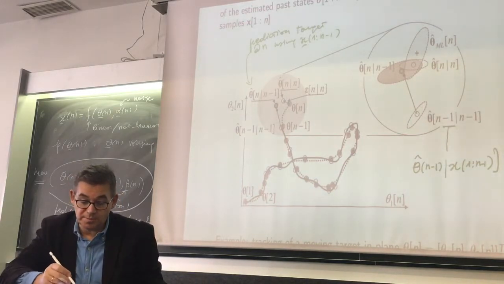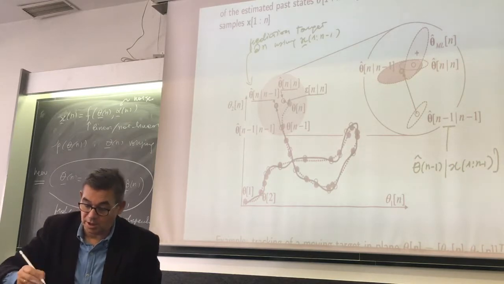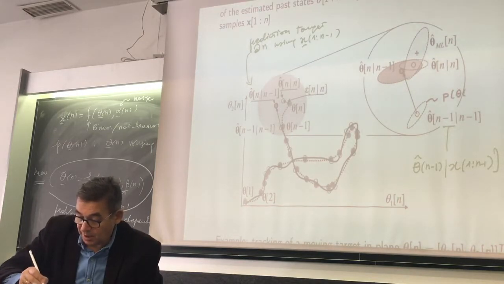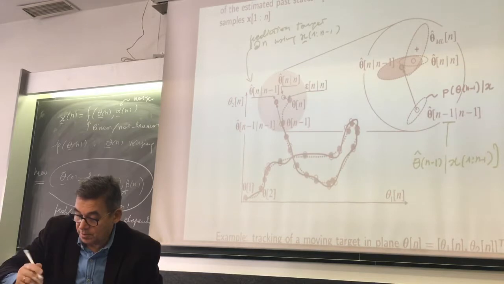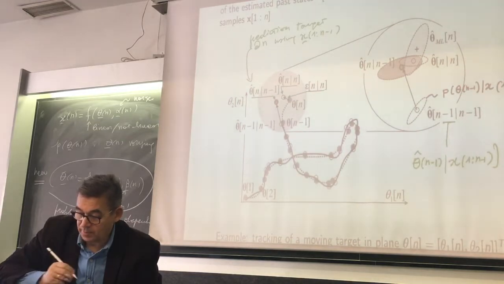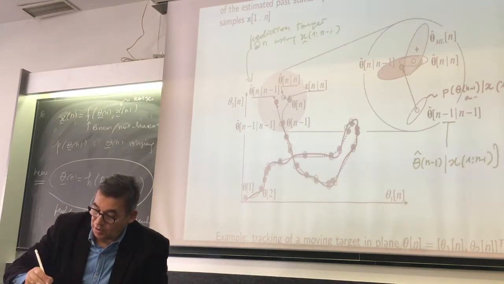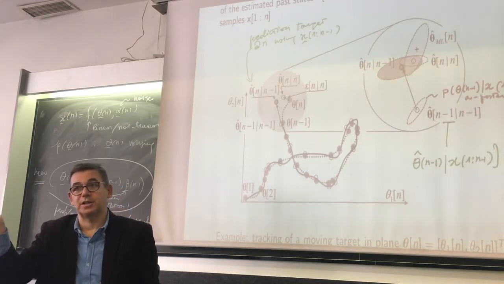This behavior, changing the color, is representing the a posteriori of theta n-1 using all the samples from 1 to n-1. This one is called a posteriori because I'm using all the data.